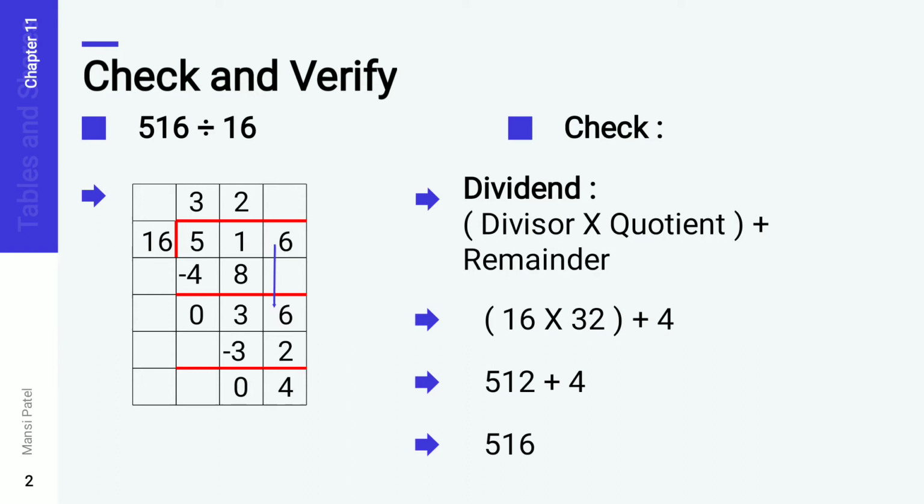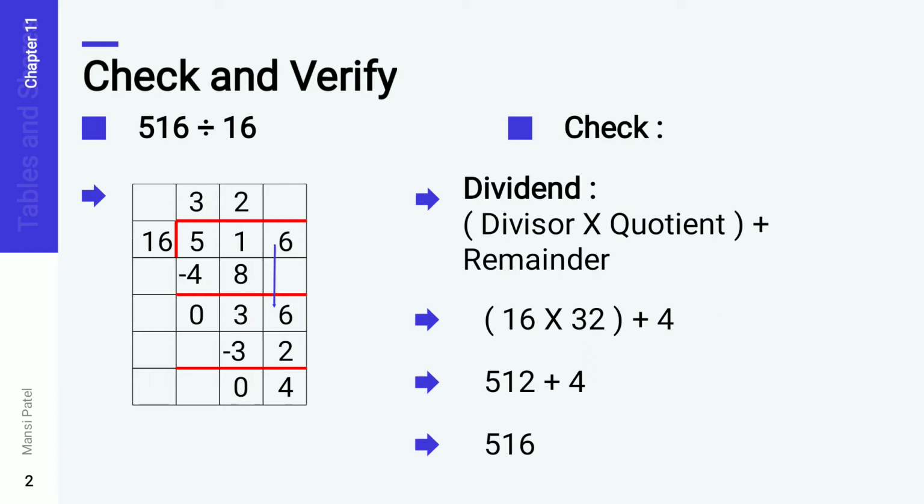Now you are getting your dividend, that is 516. Yes. Then this answer is right. In this way, you have to check and verify whether your division is correct or not.